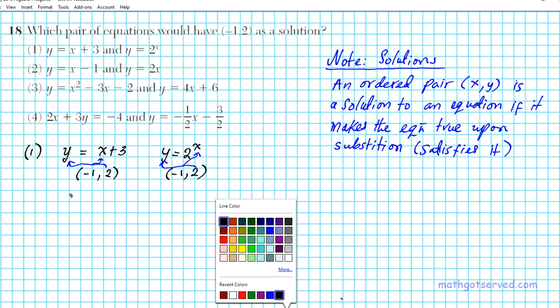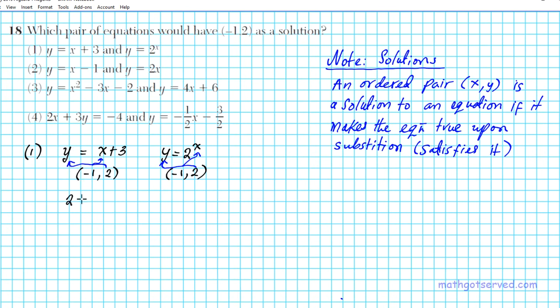For the first one, is 2 equal to negative 1 plus 3? Negative 1 plus 3 is 2, so is 2 equal to 2? Yes, so it satisfies the first one. How about the second one? Is 2 equal to 2 to the negative 1?